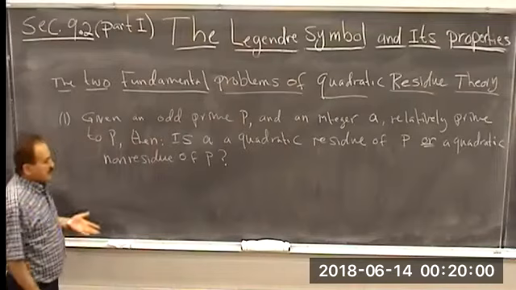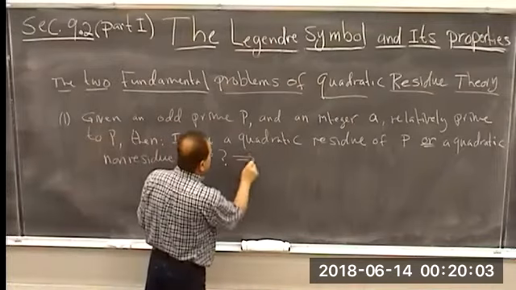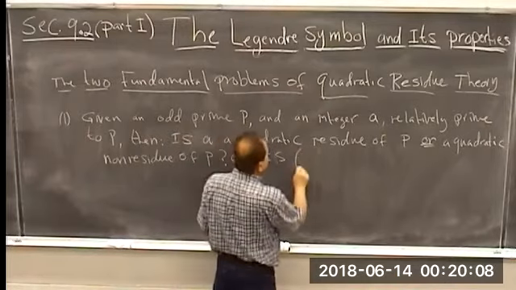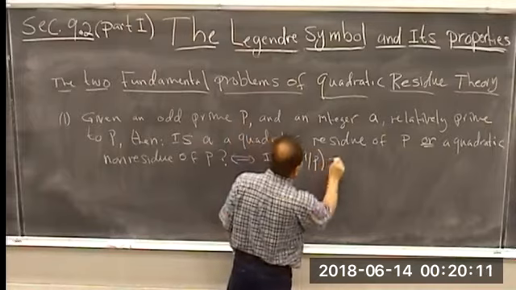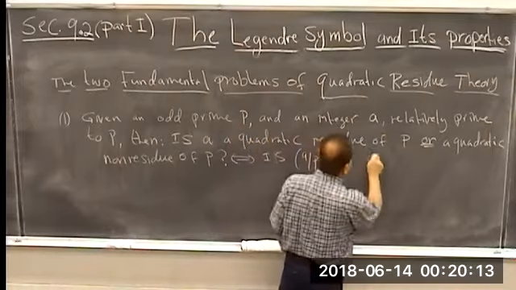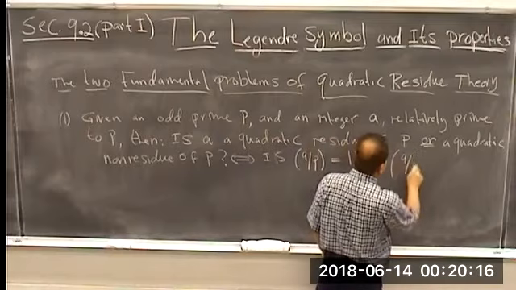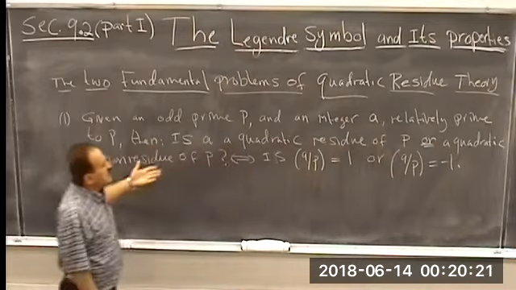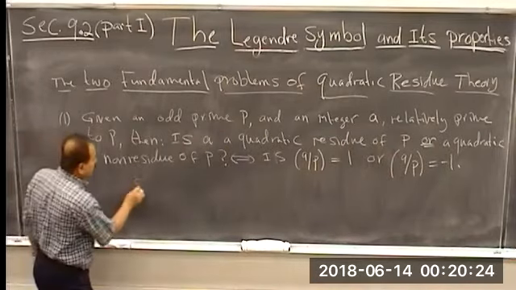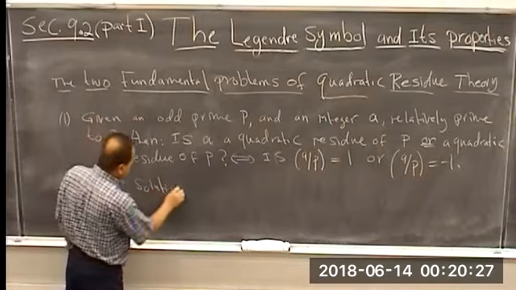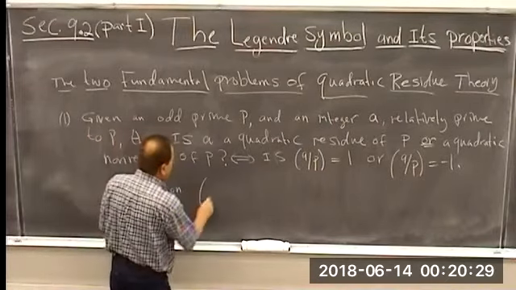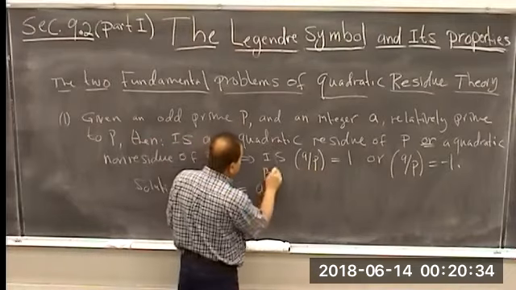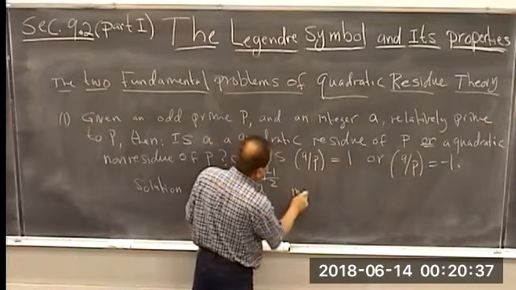Remember that solving this is equivalent to saying: is (a over p) equal to 1 or equal to -1. And in a sense, we have a solution for this. The solution is this: we have that (a over p) is congruent to a to the power (p minus 1) over 2 mod p.